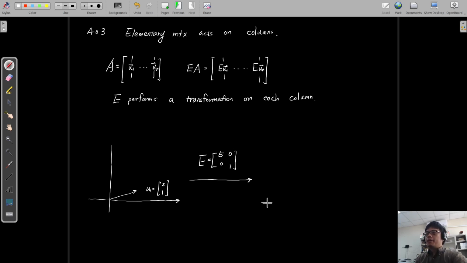So after the multiplication, you get something like 5 multiplied by the first coordinate, and then the second coordinate does not change. After all, this action is saying the first row needs to be multiplied by 5. So U1 becomes 10, 1. It is a bit longer, but the height is the same.